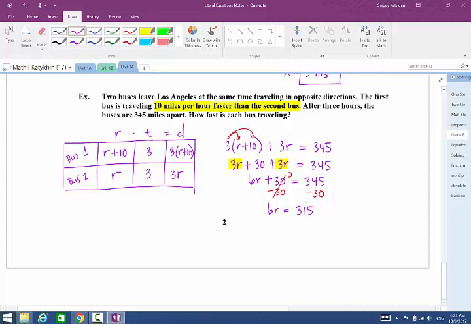So now to get R by itself, we have to take 315 in our case, and divide that by 6. But remember, we have to divide by 6 on both sides.